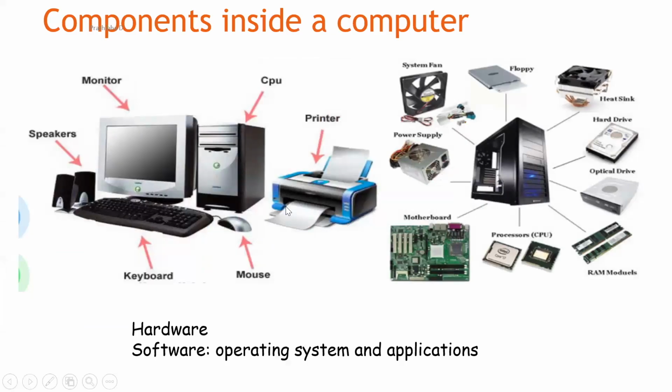If you see the components inside a computer, it has both hardware and software applications. Outside a computer, these are the computer parts: we have monitor, processor, printer, speaker, keyboard, mouse. This is what you can see in your computer, the physical components.